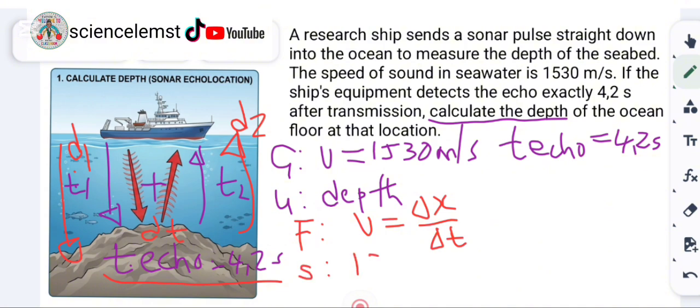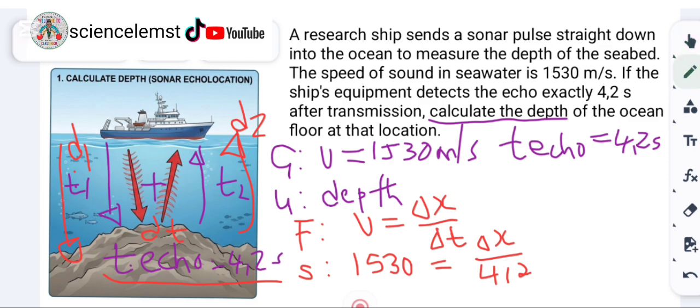So when I substitute my v, 1,530, my delta x unknown, the time for the echo, it is 4.2 seconds. When I do it this way, the answer that I'm going to get for delta x, remember, it's for what? The total distance that the sound traveled to go down and then bounce back up.